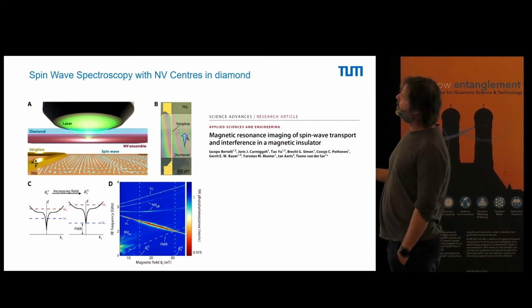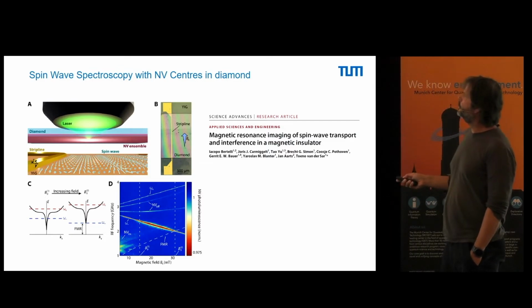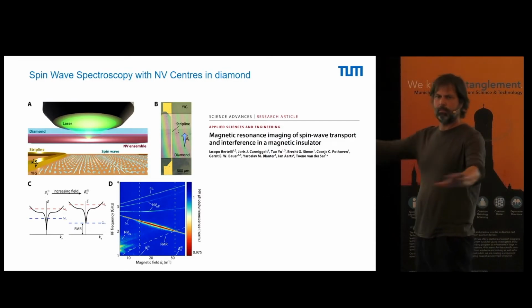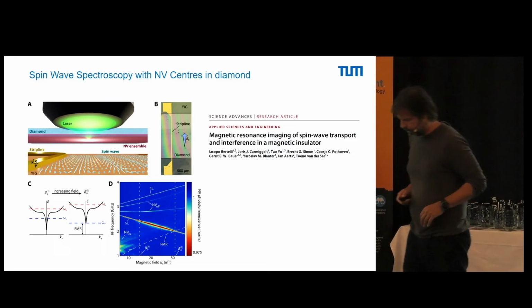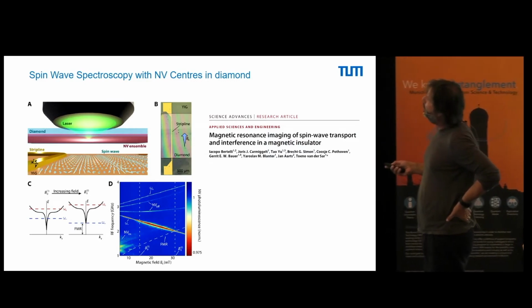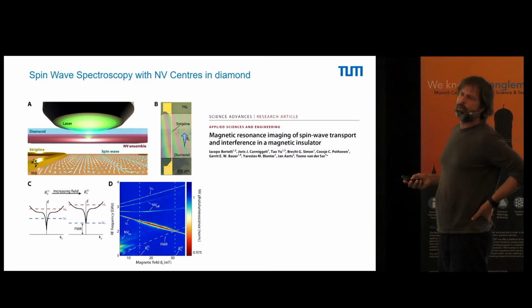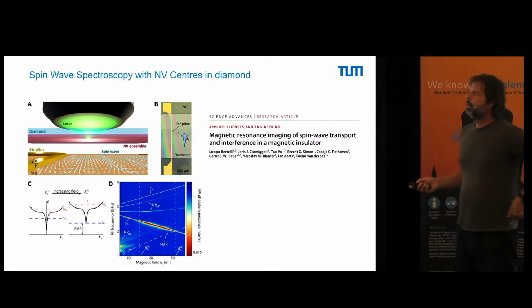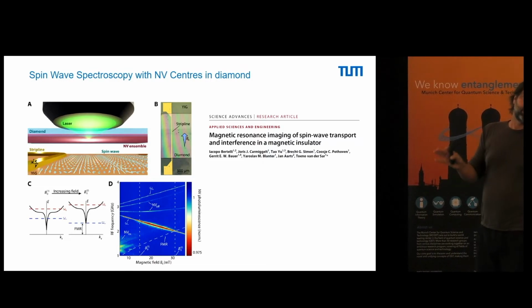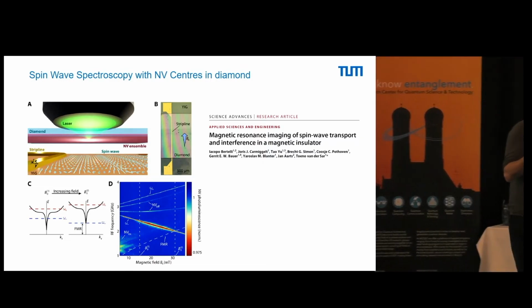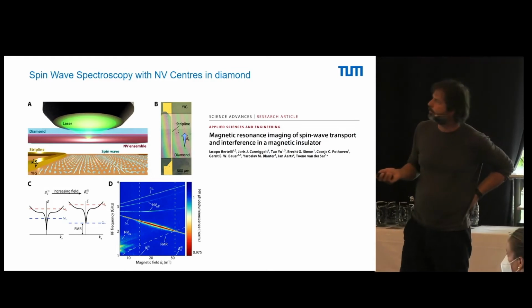You place a diamond chip on top with shallow implanted NVs, but many, so we don't really care about resolving individual ones. And because you do it in air, you just stick it on, you have a distance of, let's say, somewhere between half a micron and a micron, which limits the resolution, of course.